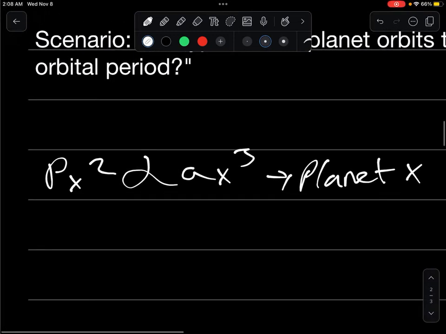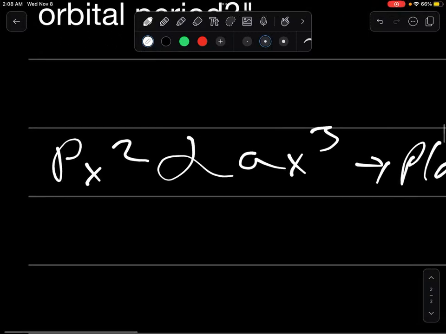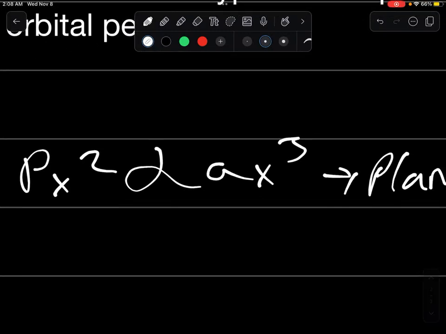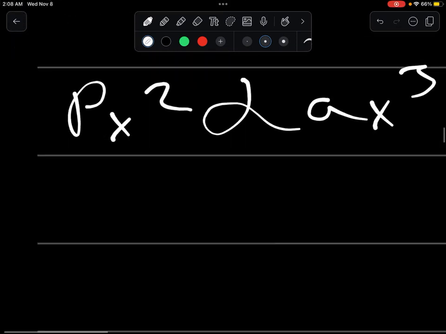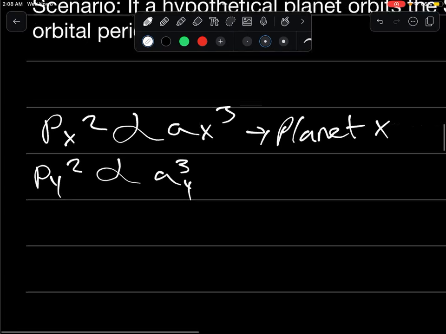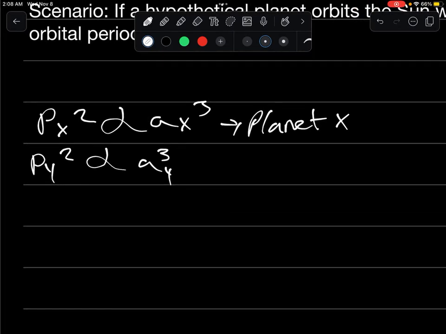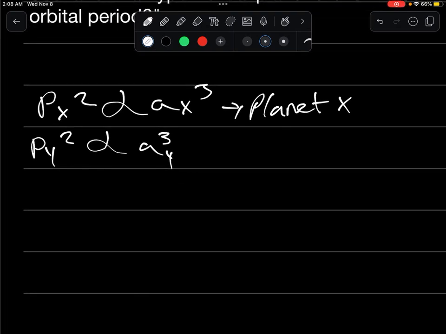Now let's do the same thing for, say, a planet Y. So we have the same type of proportional relationship, and this step allows us to compare the orbits of two different planets and find a connection between their orbital periods and semi-major axes. So now we have the same thing essentially, p sub y squared is proportional to a sub y cubed. Now, let's set up the proportionality as an equation using the constant of proportionality k.